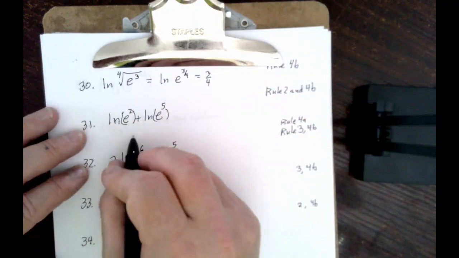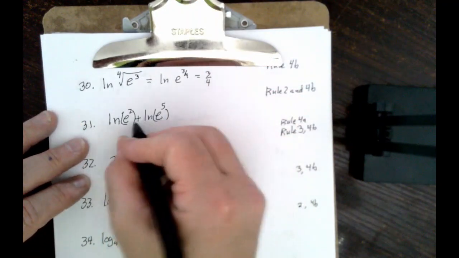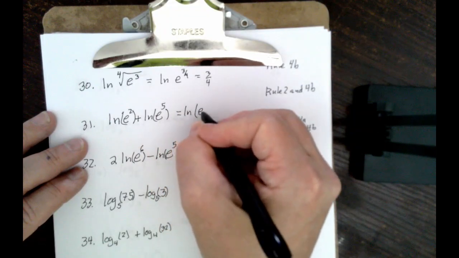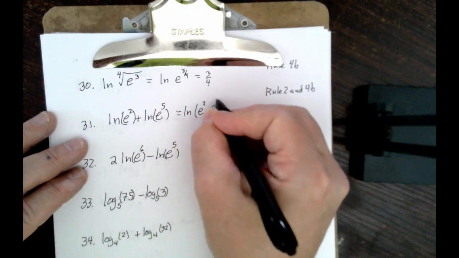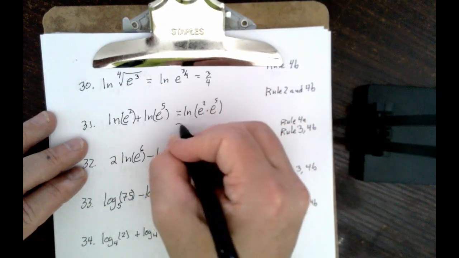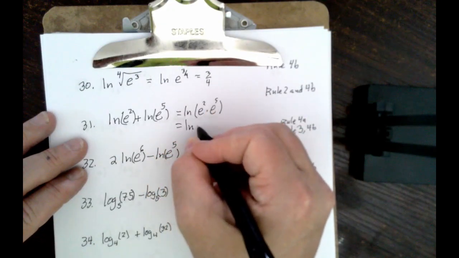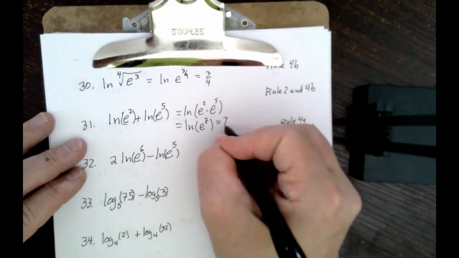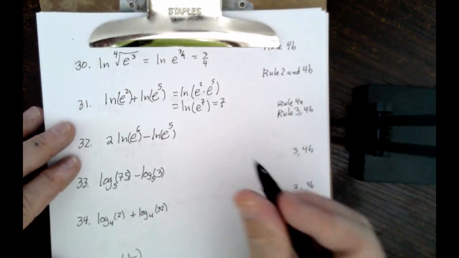Here you're going to use Rule 2 to bring these together and multiply them. And you can combine those and write them just as e to the 7th, and so your answer is just 7.